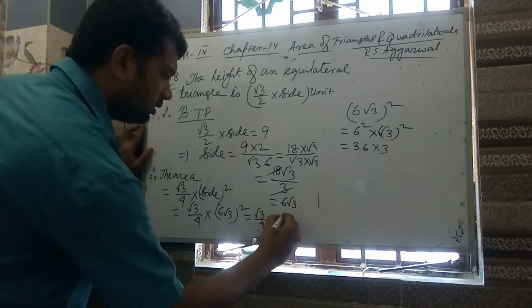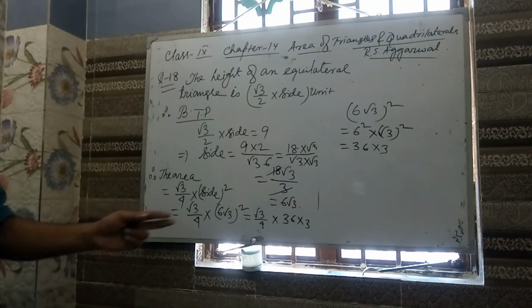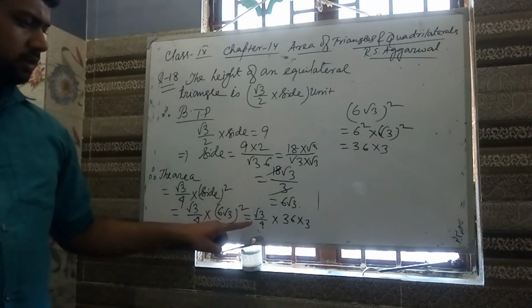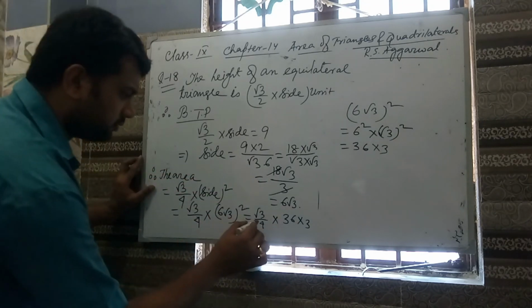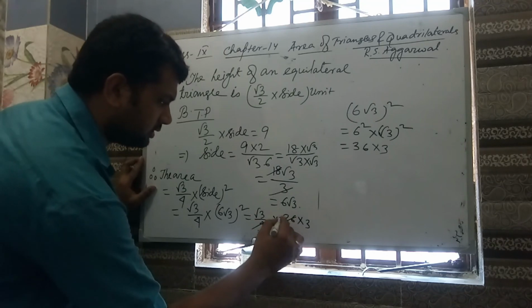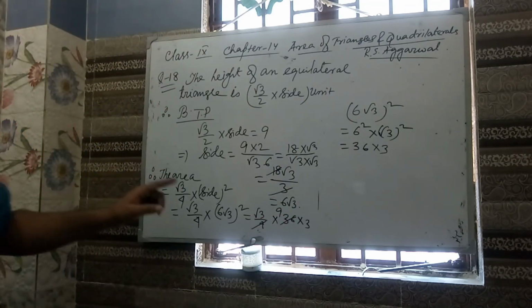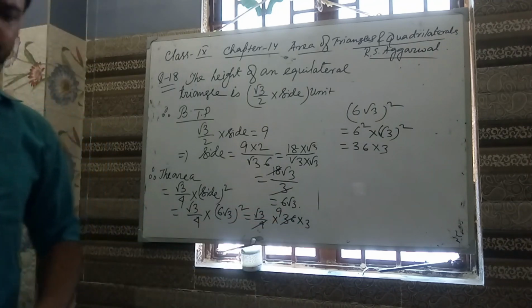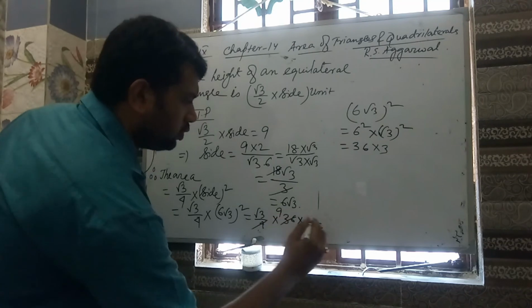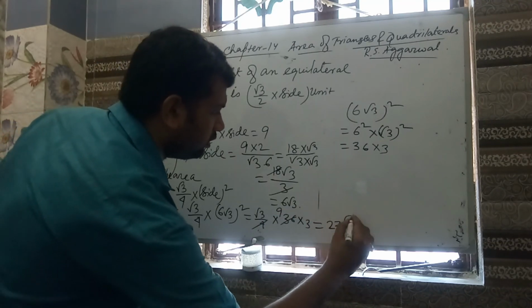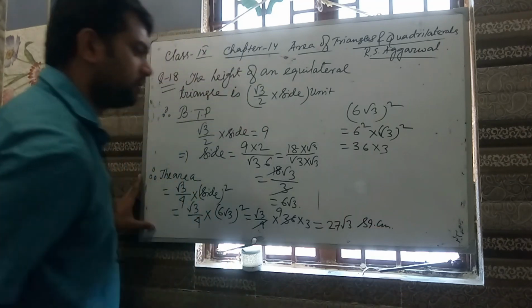Why we have kept it as it is? Because 4 and 36 we can divide. So 4, 36, it is 9. So what we are left with? We are left with 9 into 3, 27 and root 3. So the area is 27 root 3 square centimeter.